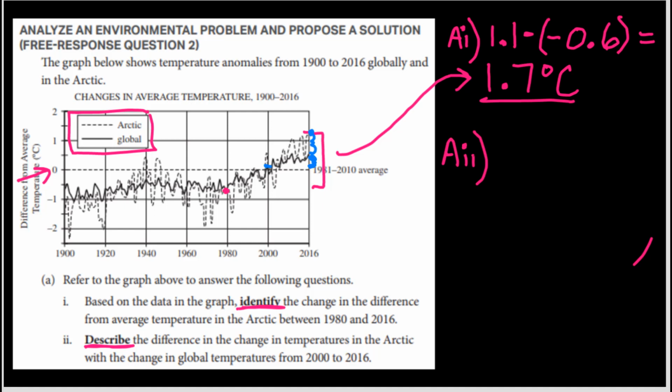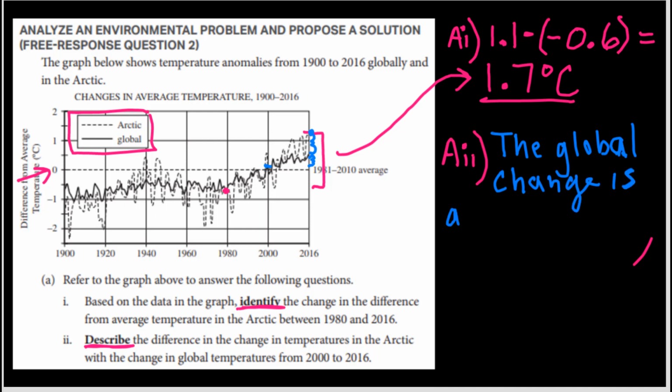So we can say the global change is about 0.5 degrees Celsius lower than the Arctic.